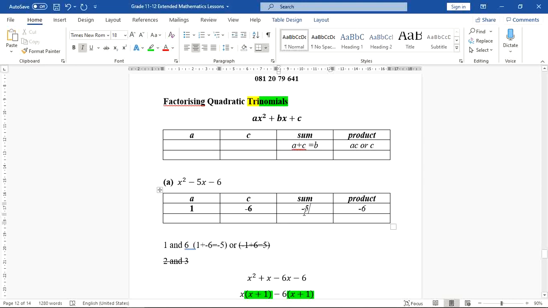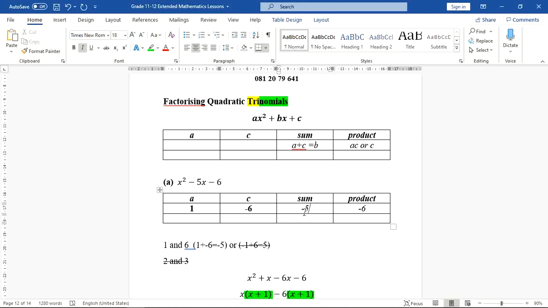So how do I make sure that I have the correct factors? Sometimes you need to manipulate your factors, and I think this is a tricky part when it comes to this method. Alright, so I think there are about 3 methods of factorizing quadratic trinomials. So I'm showing you one of them.